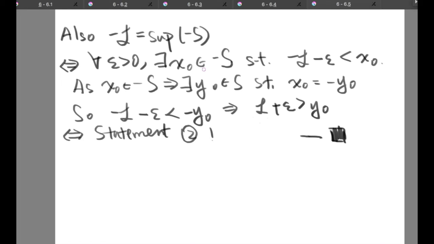This follows from our previous formulation for supremum.